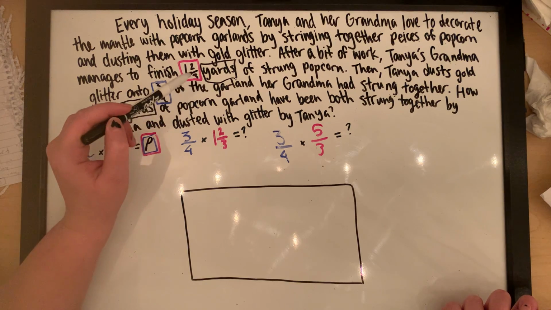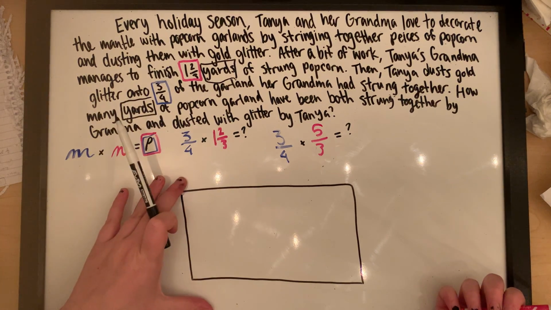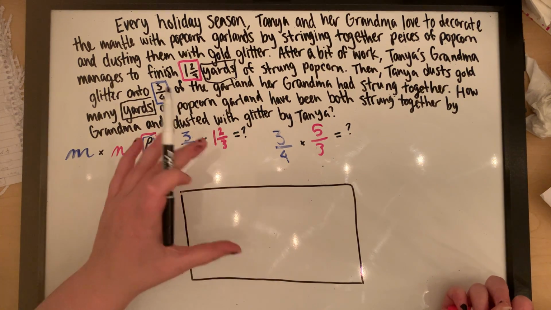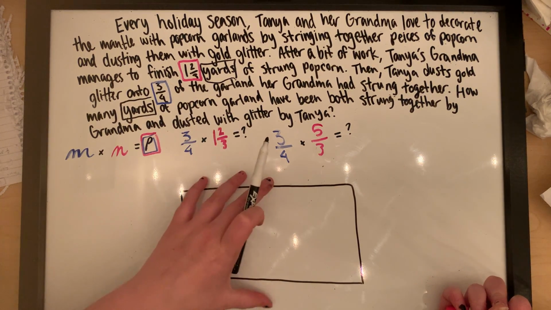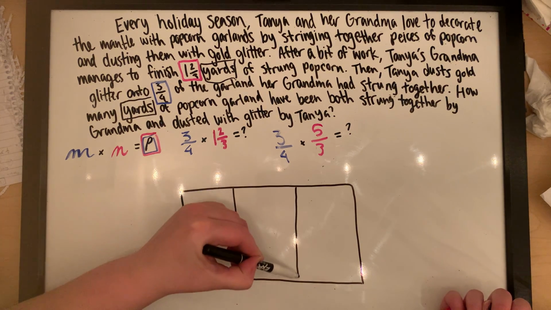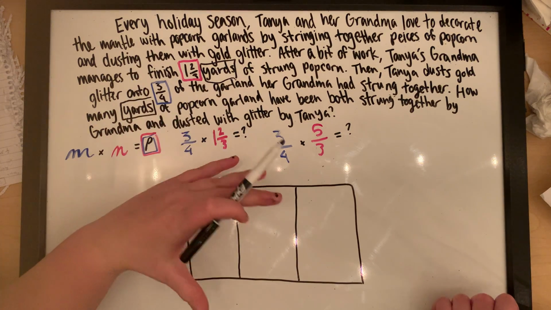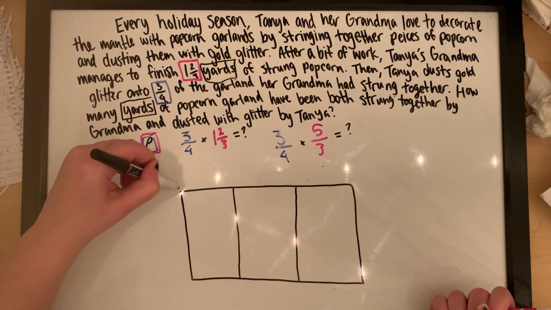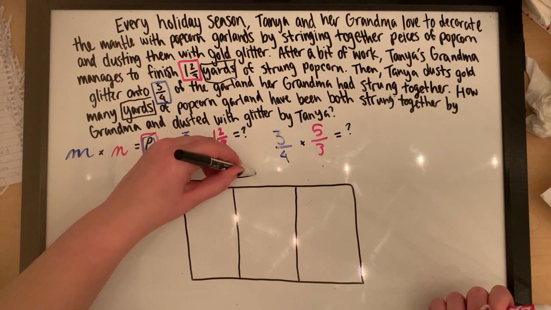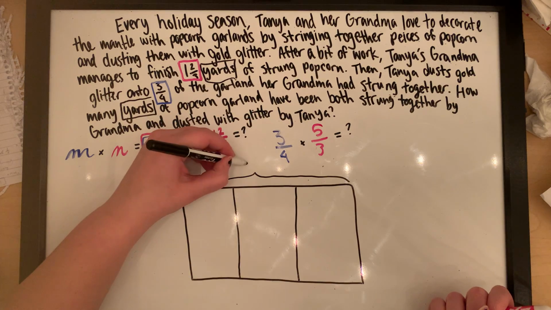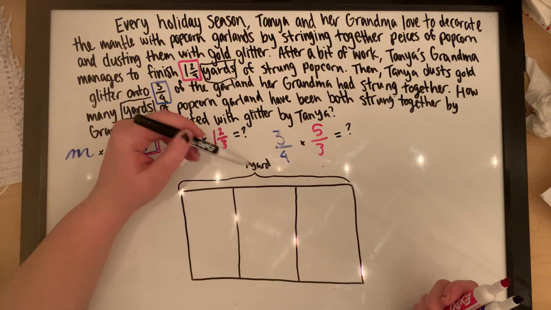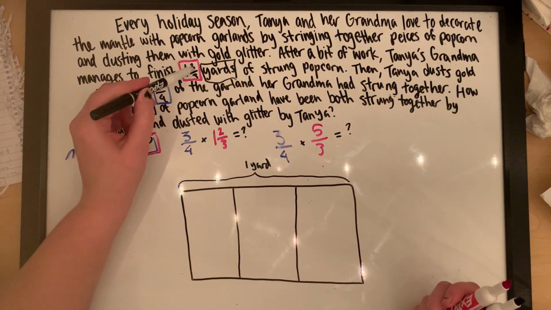So when we're looking at our garland that we're dividing, we're going to want to divide this yard in thirds. So 1 yard of garland. This is equal to 1 yard. We don't have 1 yard, we have 1 2/3 yards.